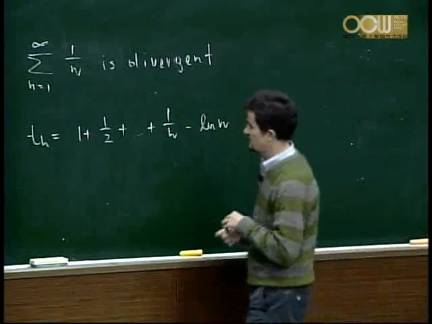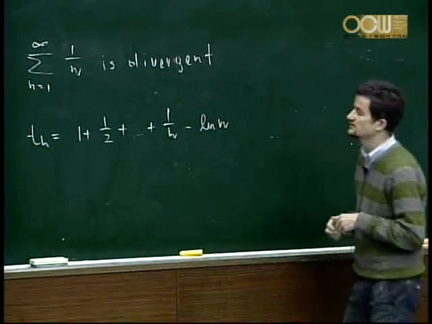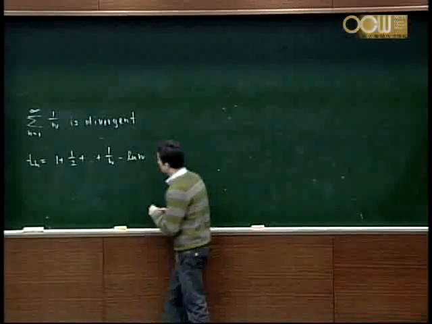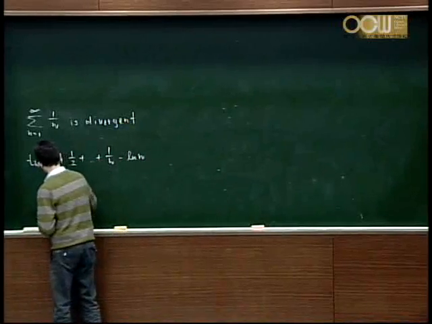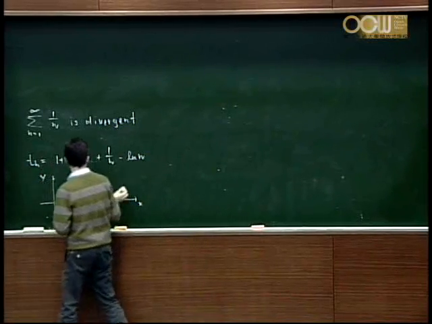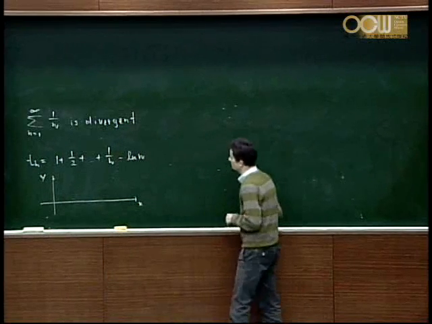and the exercise asks you to discuss the properties of this sequence. The first thing you observe is the following. You can paint a picture, plot everything, and then maybe things become a little clearer.